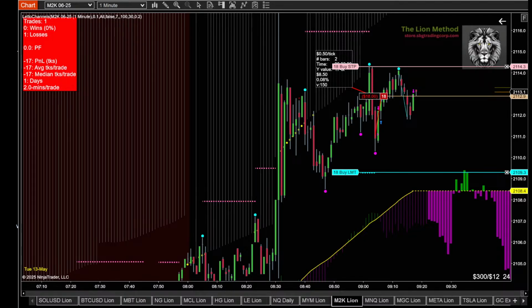And if we don't like the trade, we're going to jump out. A good way to go short would be below down this swing low.